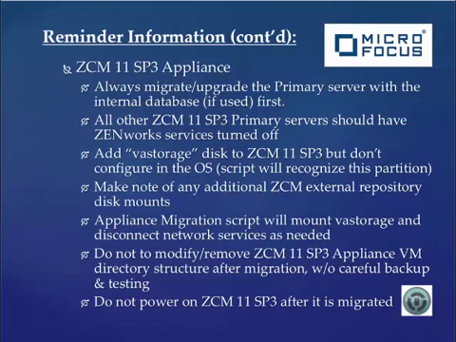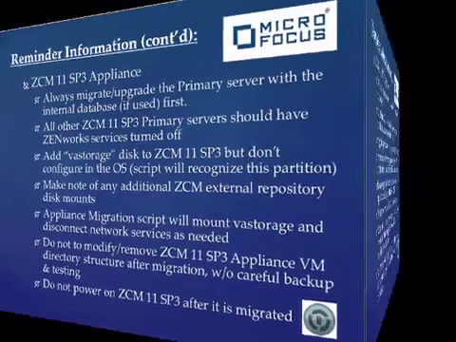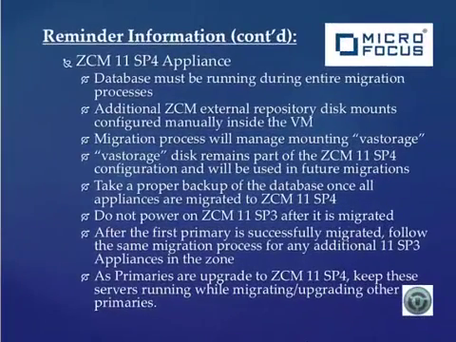Follow the same migration steps if you have an additional 11 SP3 appliance in the zone to be migrated. For additional primary servers, make sure the ZCM 11 SP4 primaries and database are running when migrating or upgrading any additional primary servers.